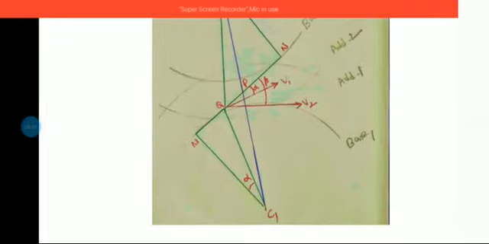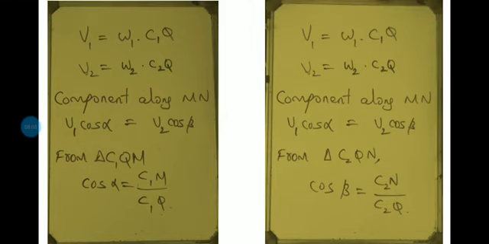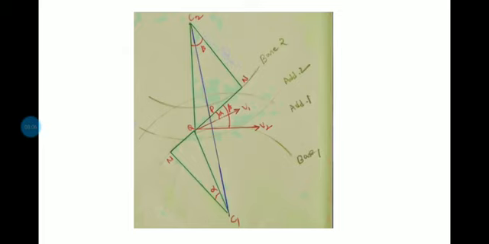Similarly, beta is the angle between C2N and C2Q. Use the same concepts. Now the velocity of gear 2. Gear 2 is in contact at Q, therefore the velocity will be perpendicular to C2Q.